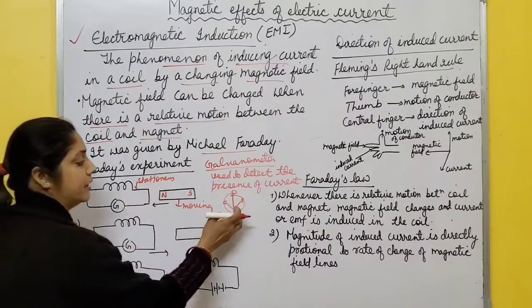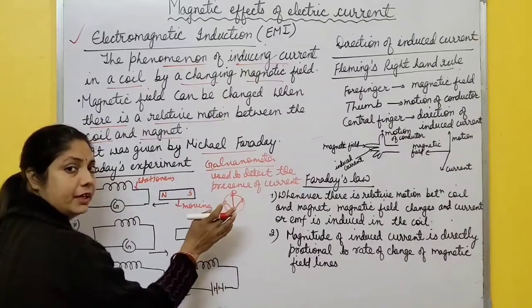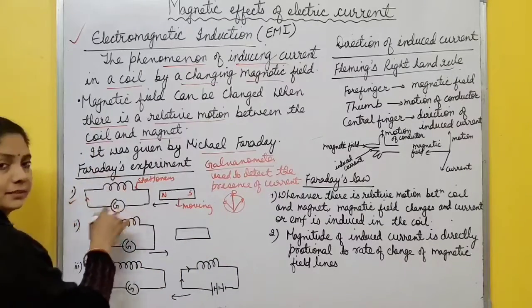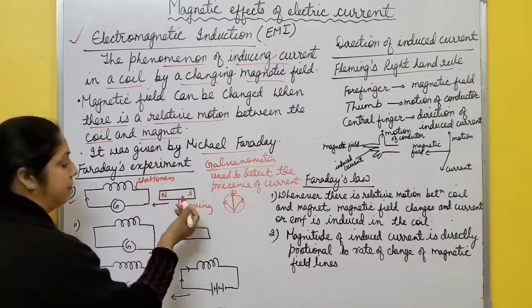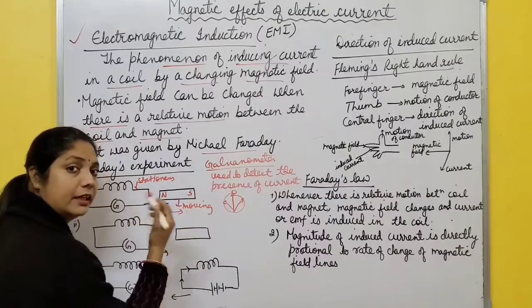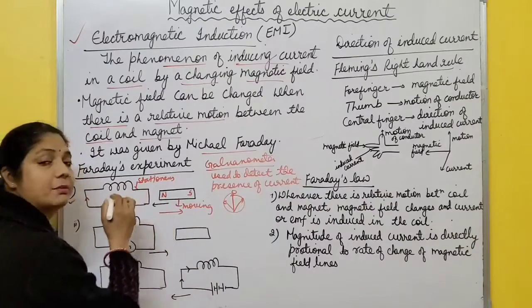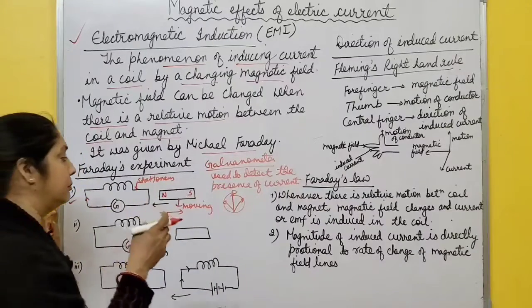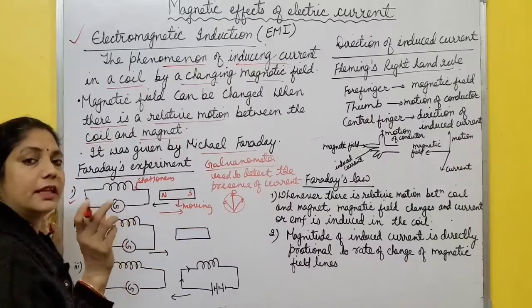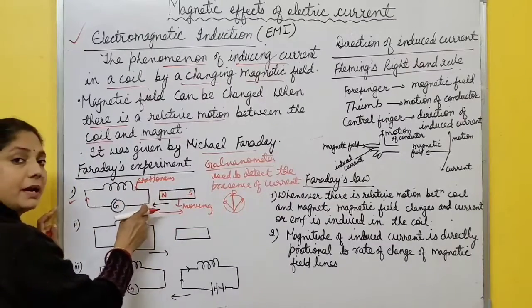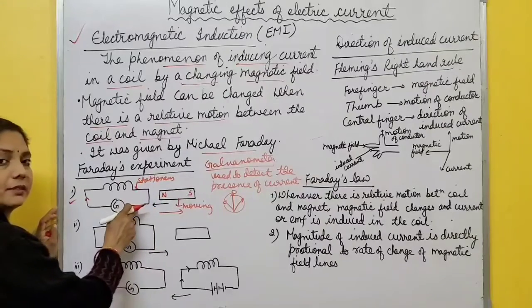Either the pointer moves left or right. And if the galvanometer shows some deflection, it means some current is flowing in this coil. Again, if the magnet is moving away from the coil, the galvanometer shows some deflection in the opposite direction. So this experiment also shows that motion means there is a change in magnetic field around this coil, and due to the change in magnetic field, current is flowing in this coil, right?